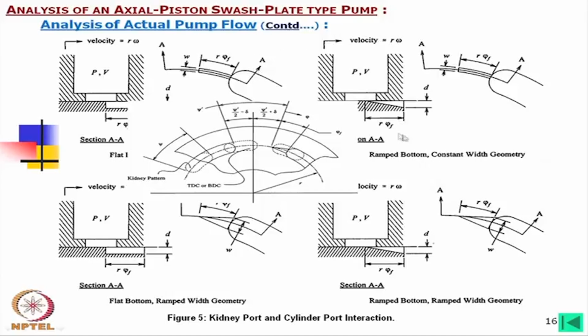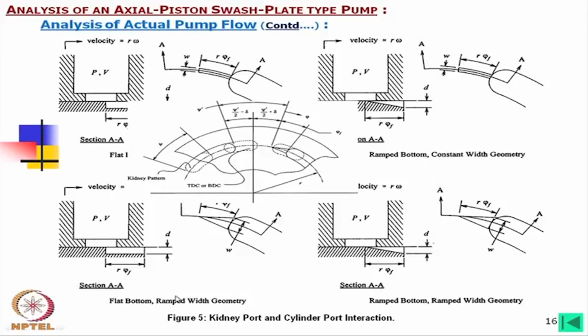But here the groove is called ramped bottom, constant width geometry. This means the groove is like this, but there is a slope. This is a flat bottom, constant width, whereas here it is a ramped bottom, constant width.